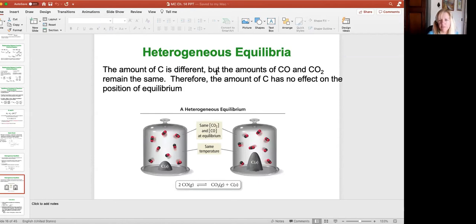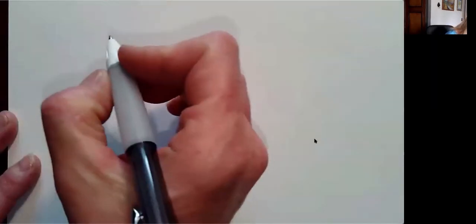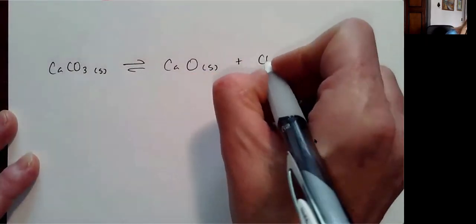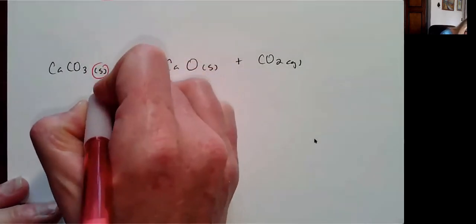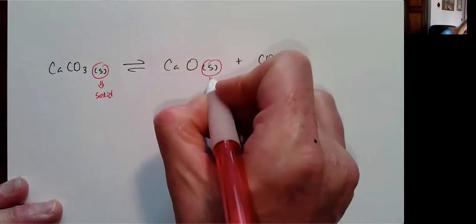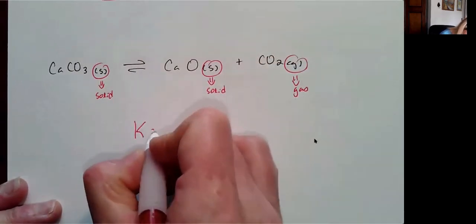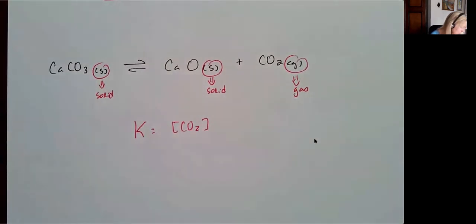So for instance, if I had a decomposition, let's say I look at calcium carbonate, and that decomposes to calcium oxide plus carbon dioxide gas. Now I have an equilibrium scenario, but a couple of things here. This is in the solid phase. This is in the solid phase. This is a gas. So my equilibrium constant is just going to equal CO2 gas, because that's the only thing I'm going to factor into that equilibrium.